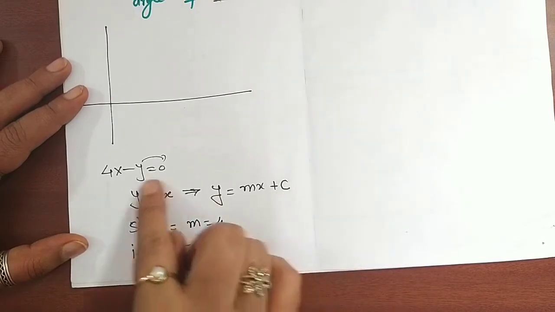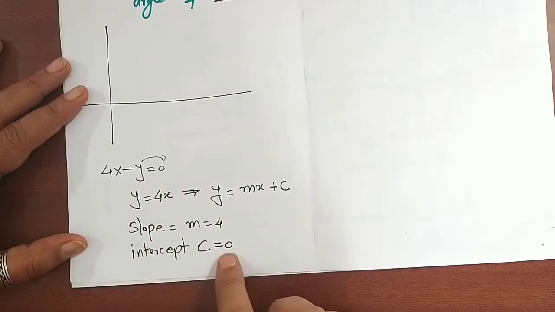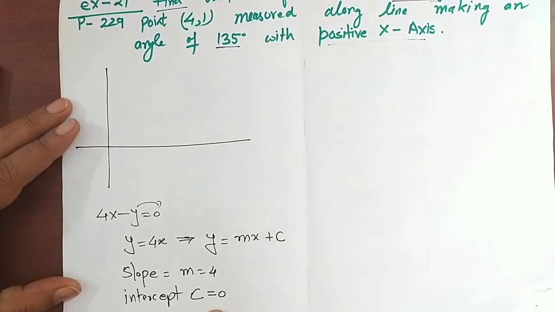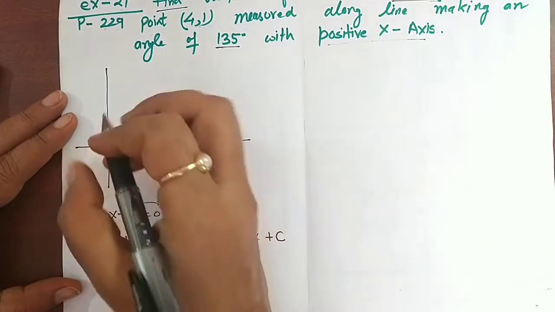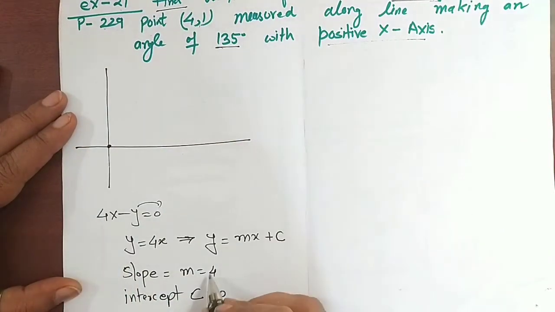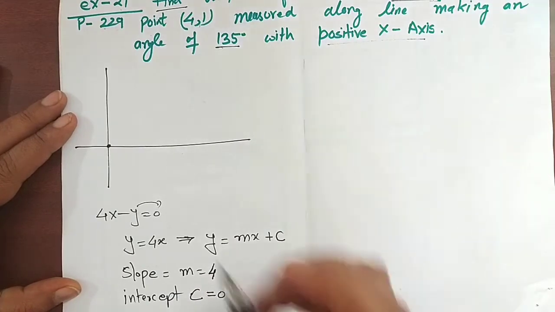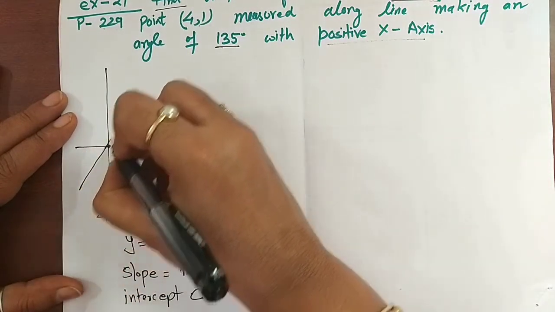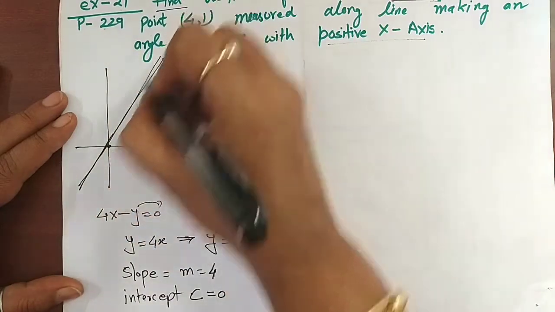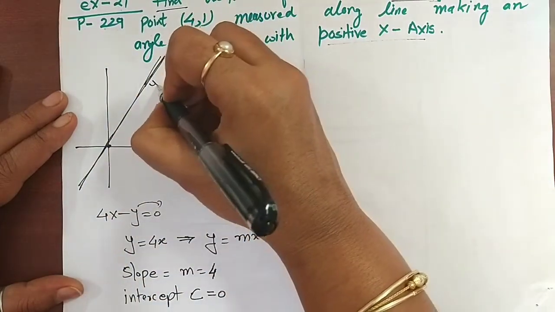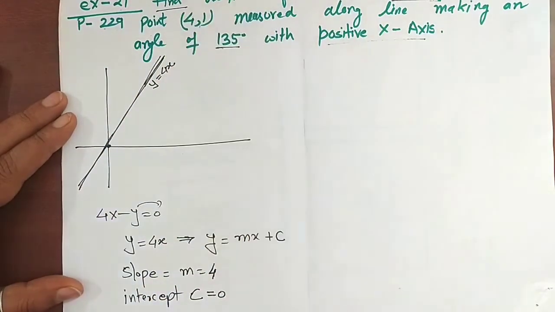c is not there in this equation. So how will your line look? There is no intercept, meaning it is passing through 0, 0, and the slope is approximately 4. I'm just making a rough sketch. So it will look something like this. There is no intercept. So this is my y is equal to 4x line.